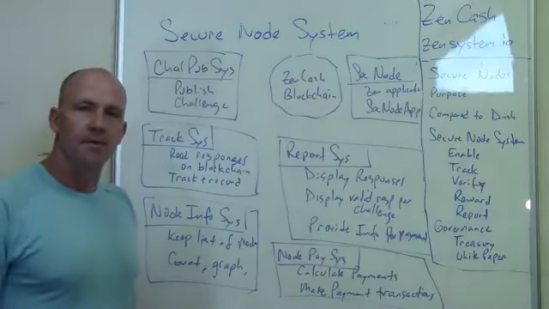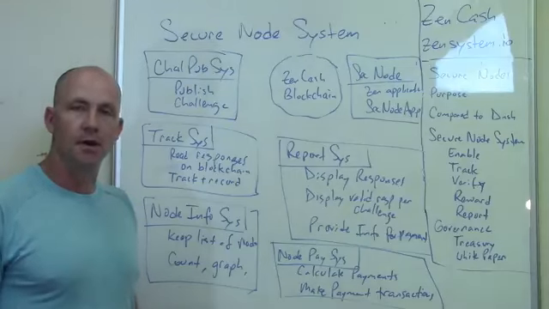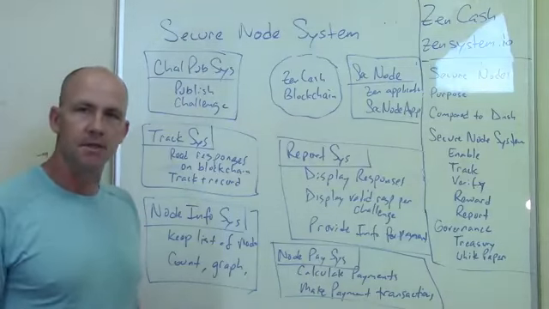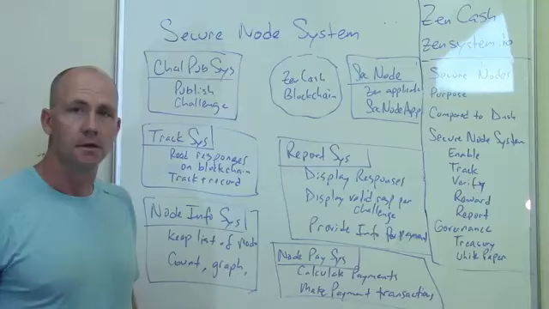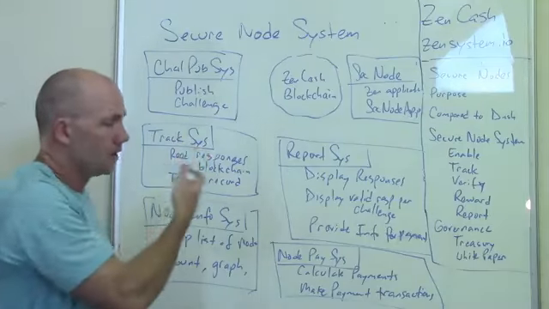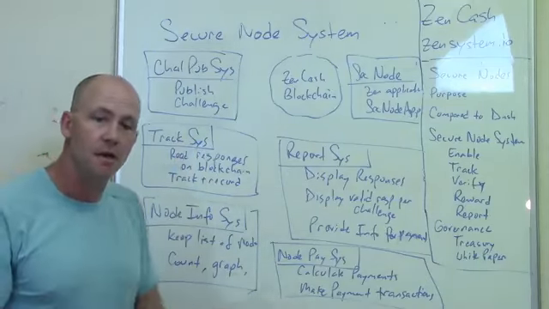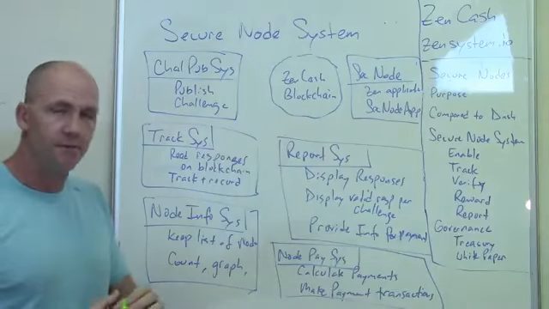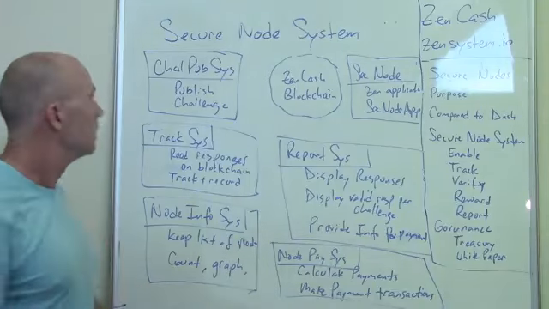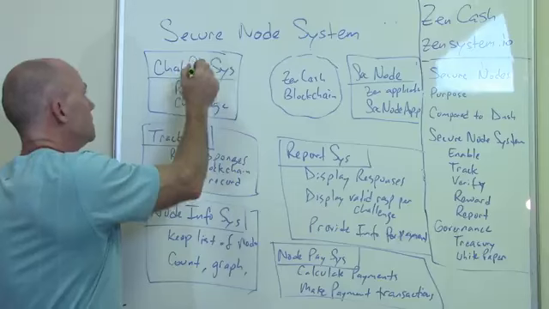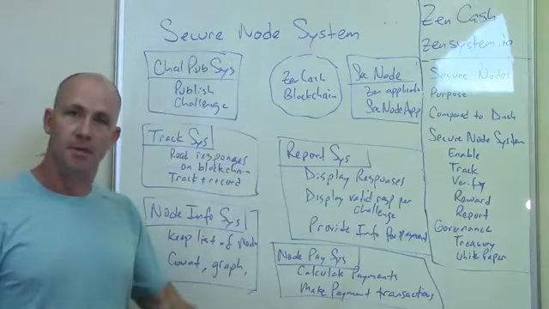Okay, let's talk about the different elements of the secure node tracking and payment system and talk about how they work together. So there's a lot of different boxes on here, but let me explain as we flow through a process here. So the challenge publishing system is going to publish a challenge.